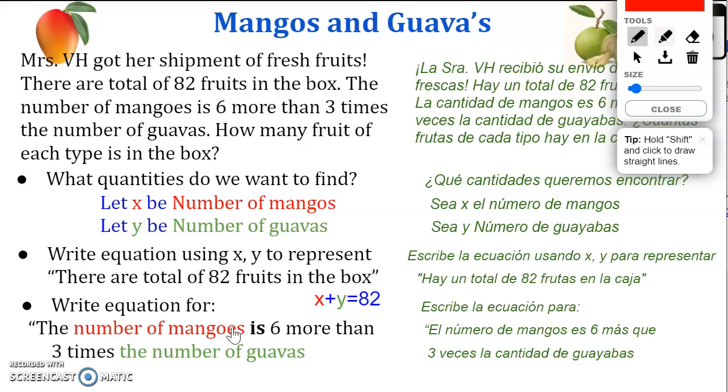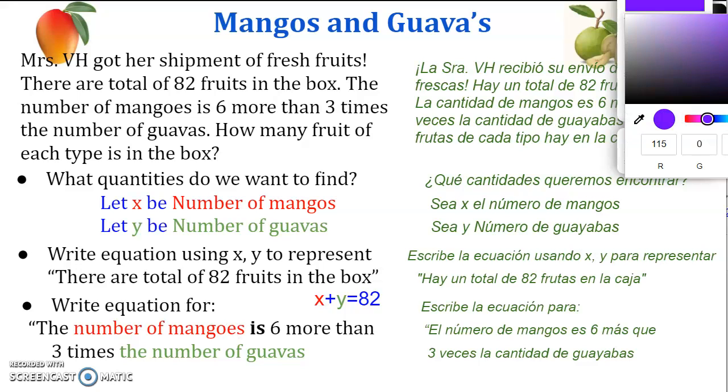Well, we call the number of mangoes x. So instead of number of mangoes, I'm going to say x. And then there is the word is. That translates to equal sign. 6 more means something is added. 6 is added. Then 3 times.